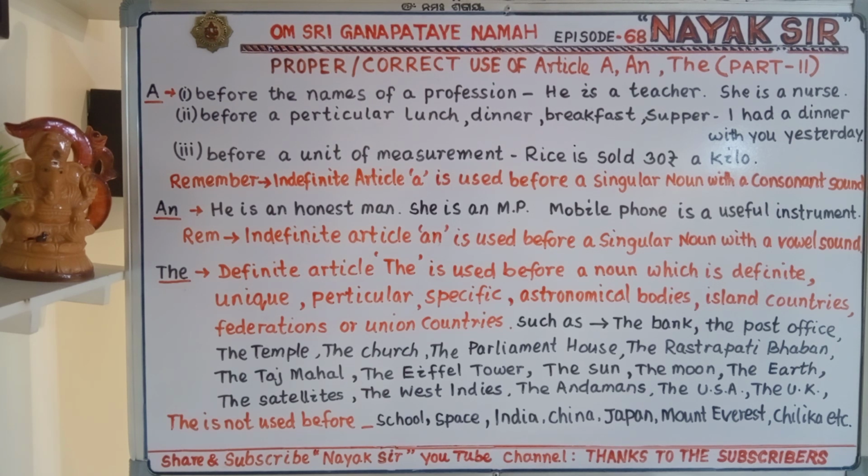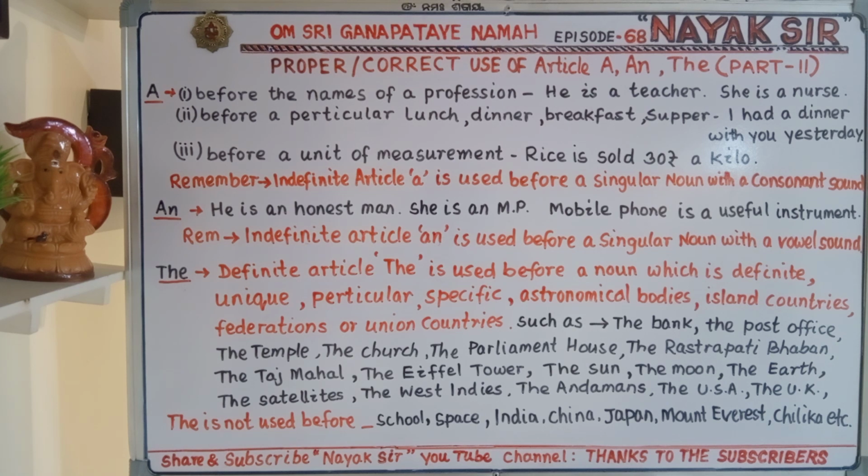Number 2, before a particular lunch, dinner, breakfast or supper, we can use a. I had a dinner with you yesterday. Another example, I had a breakfast with you last morning.